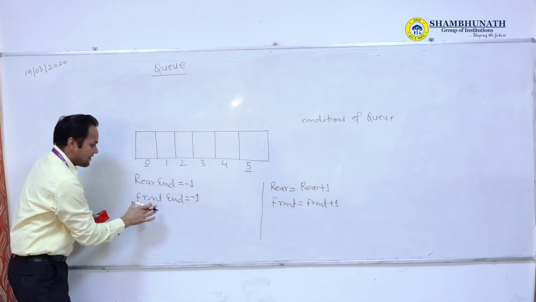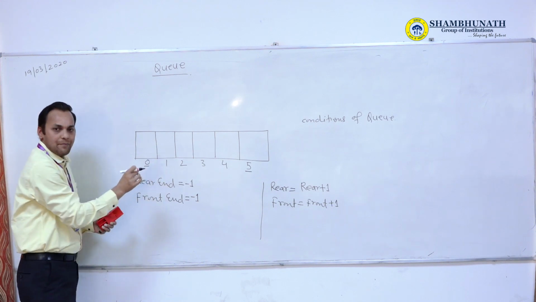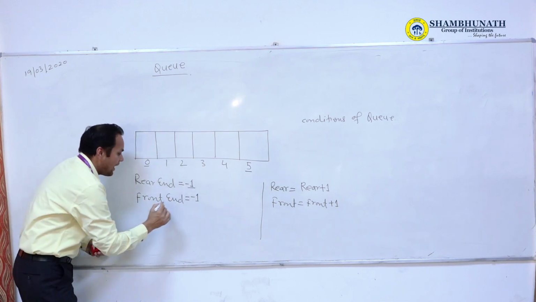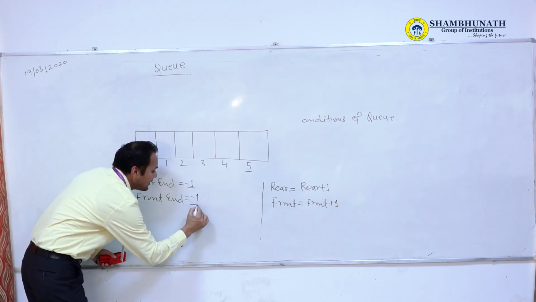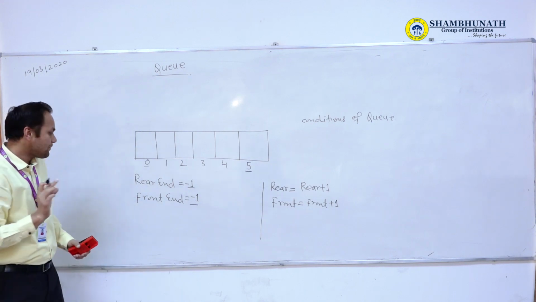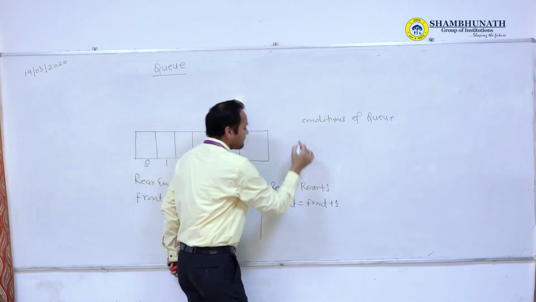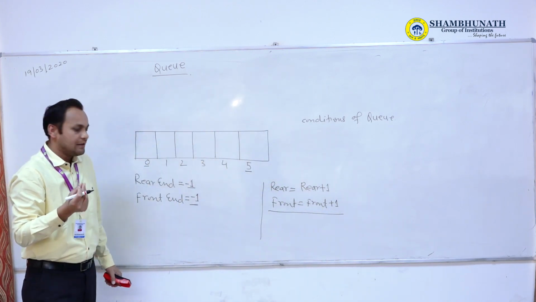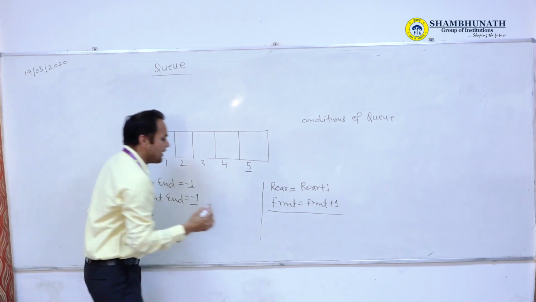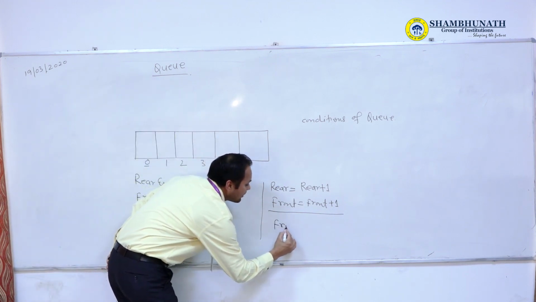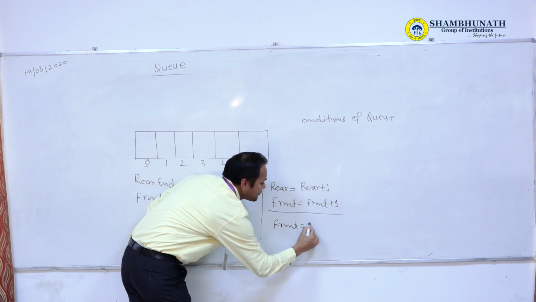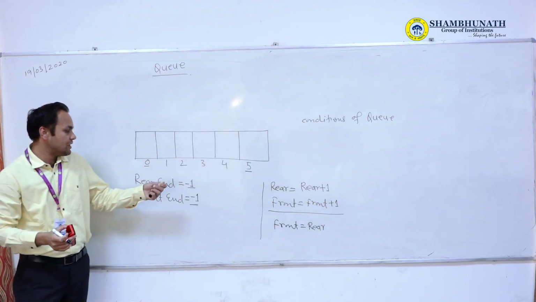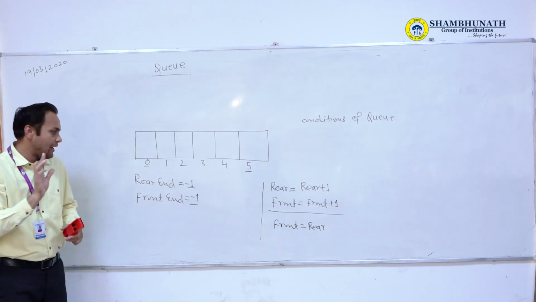At that time, there is no element in the queue. The position of rear is -1 and the position of front is again -1. One more condition here: if there is only one element in the queue, the position of front and rear will be equal.